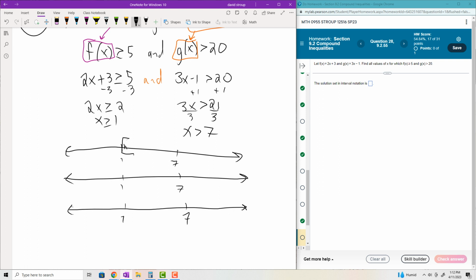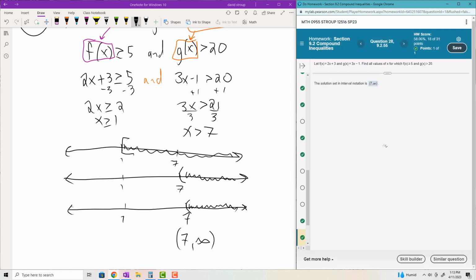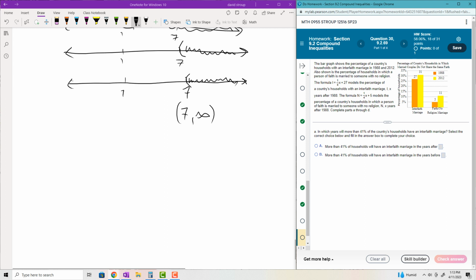Greater than or equal to 1 is like that. And then greater than 7 is like that. And then the overlap is going from 7 to infinity. So parentheses 7 inf, and always parentheses with the infinity symbols. Another one. That one's an OR. And then we're into story problems.